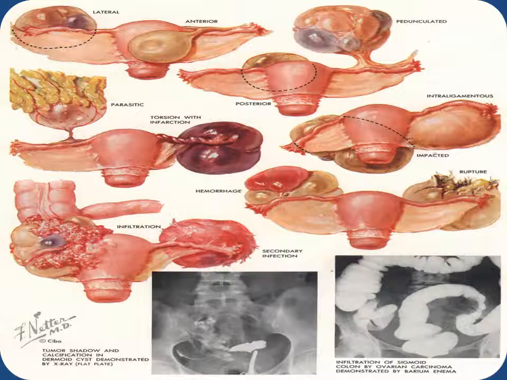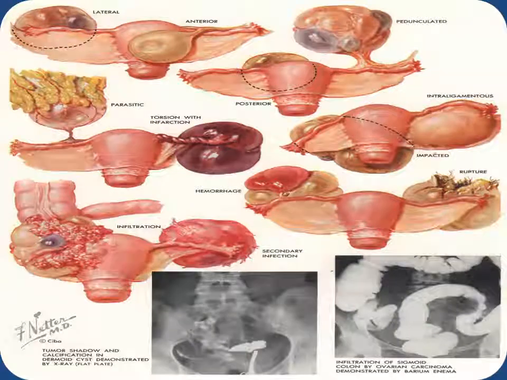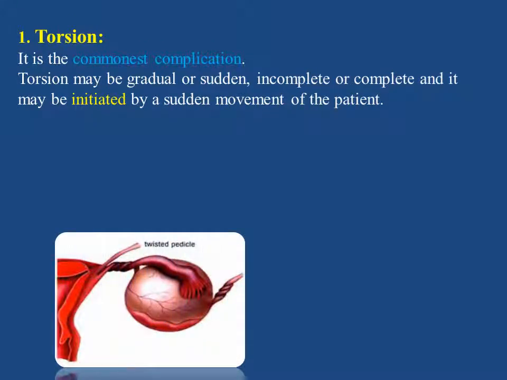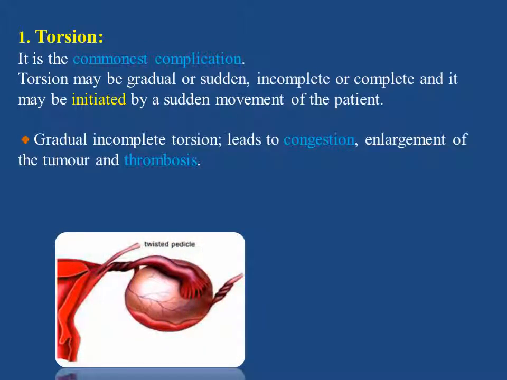These are different pictures for torsion with infarction, for hemorrhage, for incarceration or impaction, and for rupture of ovarian tumor. The torsion is the commonest complication, and this may be either gradual or sudden, incomplete or complete, and the initiation may be a sudden movement of the patient. It will initiate the torsion.